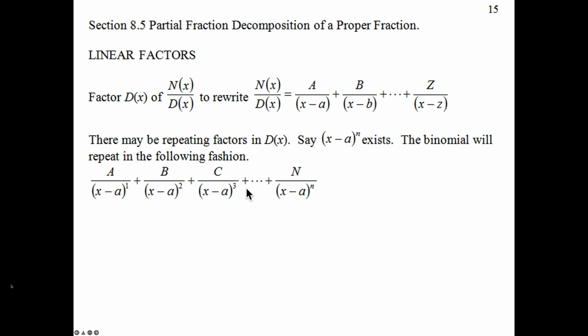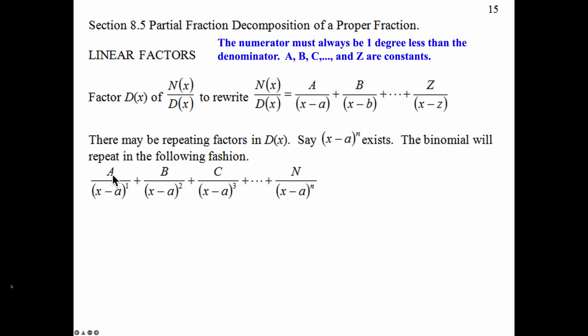So if I had x minus a to the third power, that's what my denominator factored to, then I need a fraction with x minus a to the first power, an x minus a squared, and an x minus a cubed. All of these would be 3 individual variable constants that I'm trying to look for.